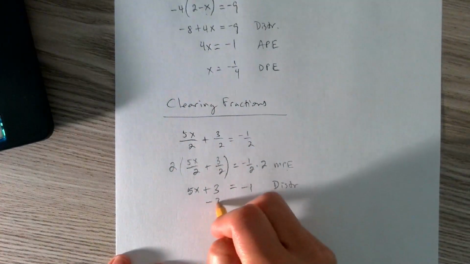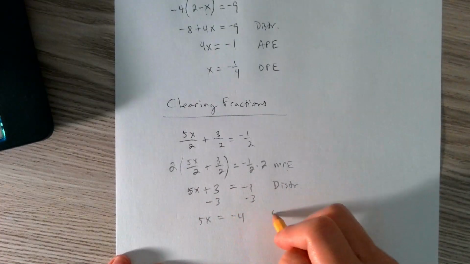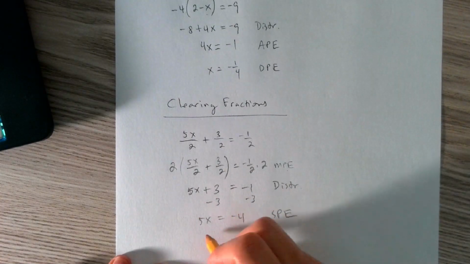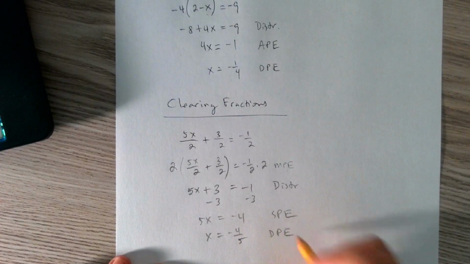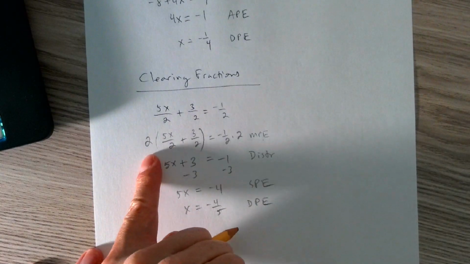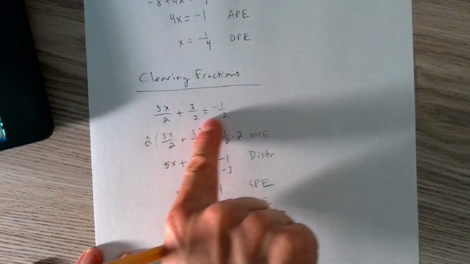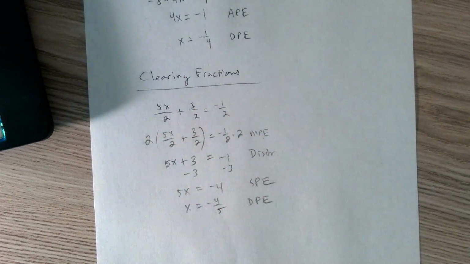And then I'm subtracting 3. SPE. And now I'm dividing by 5. DPE. Okay, so that step of multiplying both sides by 2 cleared all 3 fractions. That's why we're calling this the clearing fractions type of equation.